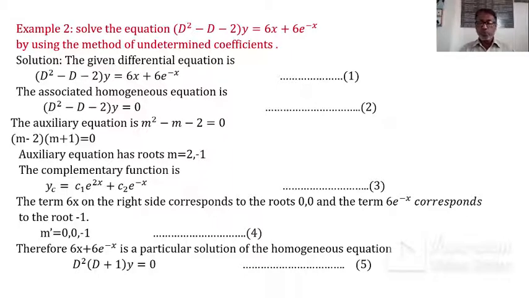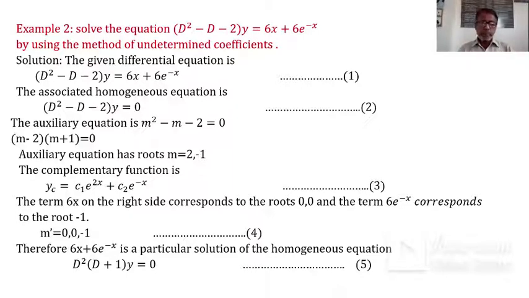Therefore, from this, we obtain g of d as d square into d plus 1. What is our g of d? D square into d plus 1, and then we operate this d square into d plus 1 on equation 1.